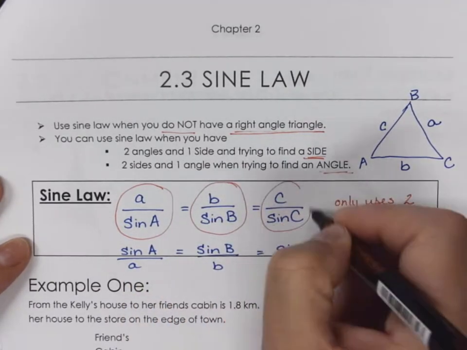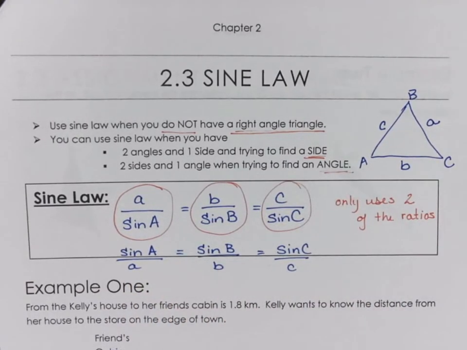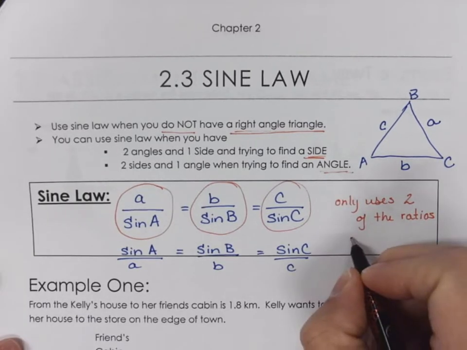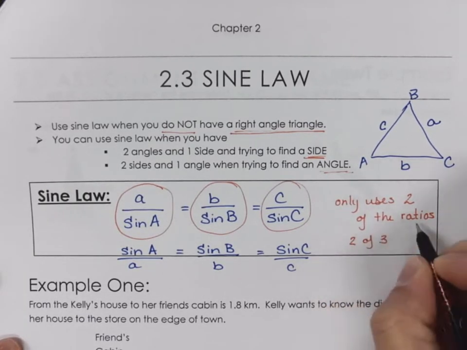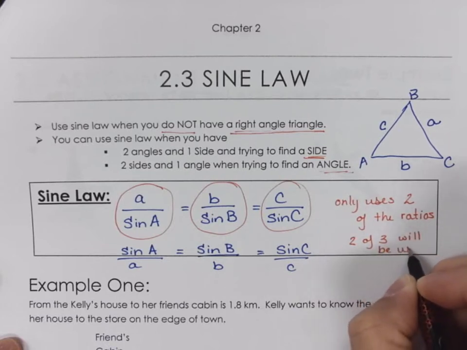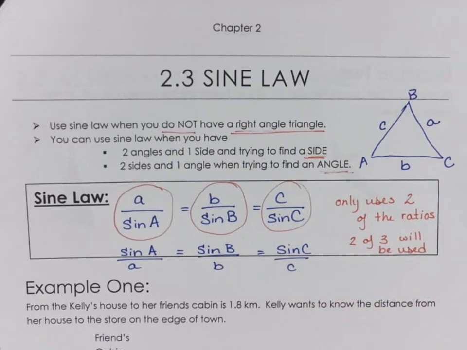And that's also a ratio, because you're comparing things, right? So you're only ever going to use 2 out of the 3. Everybody got that? So 2 of 3 will be used. I don't know if that's helpful. Do what you will with mine.